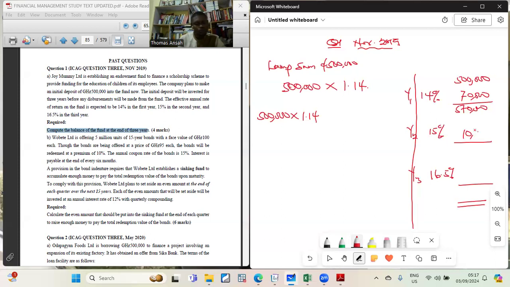Is that so? No, let's check it up again. The first one is 500,000 multiplied by 0.14. That is 70,000. So I add it to my 500 and I get 570,000. Then I do 15%. It's 85,500.